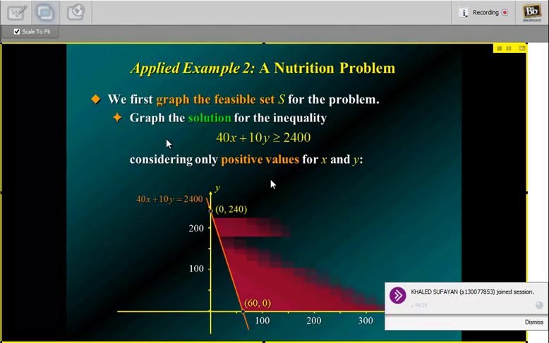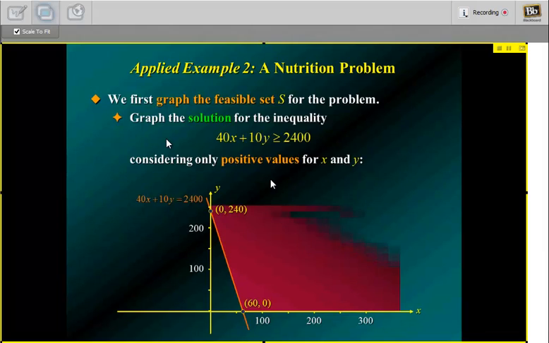It means the feasible region goes outward from the origin. Similarly for the second line, we put x equals 0 and find the value of y, and the second time we put y equals 0 and find the value of x.